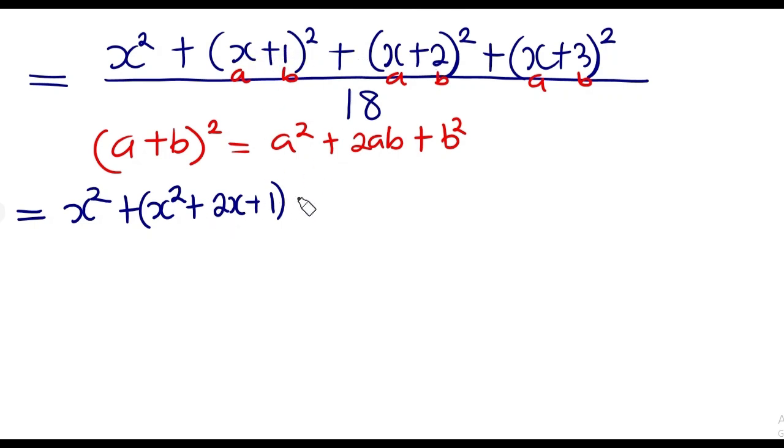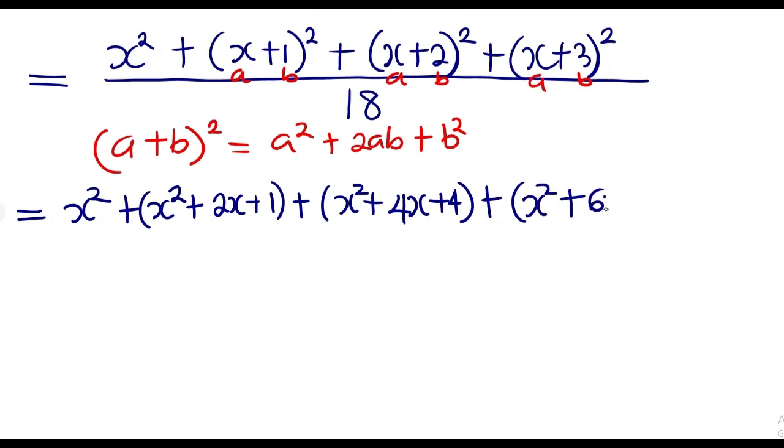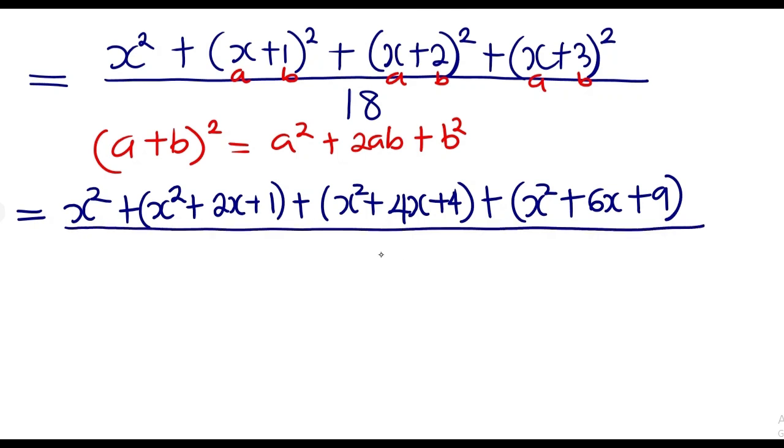And for the next one, I'm going to have x² + 4x + 4, bracket close, plus the last one, which is (x + 3)². I'm going to have x² + 6x + 9, close, and everything all over 18.